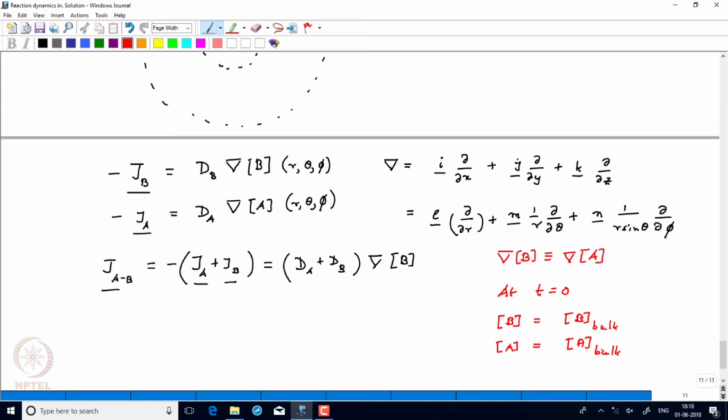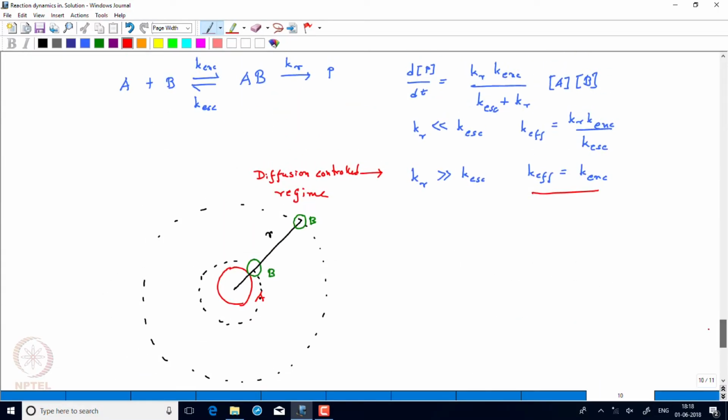So we are assuming that there is a reactive sphere, something like we have drawn here. Outside this reactive sphere there is the bulk.